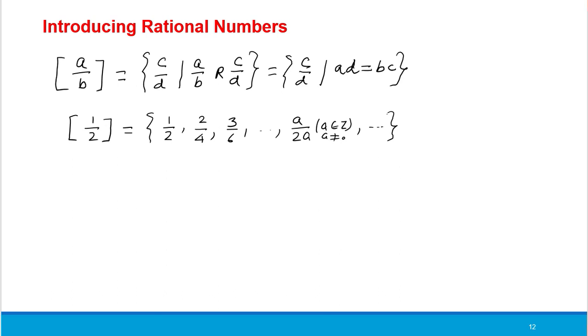So it has to be noted that this equivalence class is half, which is a rational number.